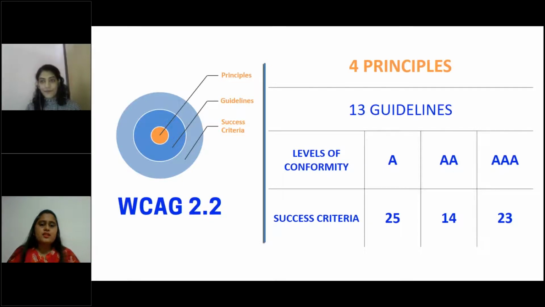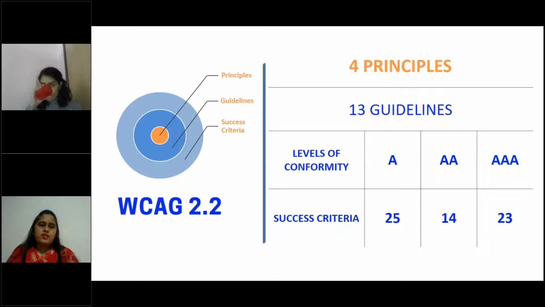Okay. So let's understand the structure of a specific version of WCAG, that is 2.2. As we discussed, the WCAG principles are the core of the WCAG, and it has in total 13 guidelines. So all these guidelines are based on these four principles, and those guidelines are further categorized into three success criteria, three conformance levels basically, in order to meet the needs of different groups and different situations.